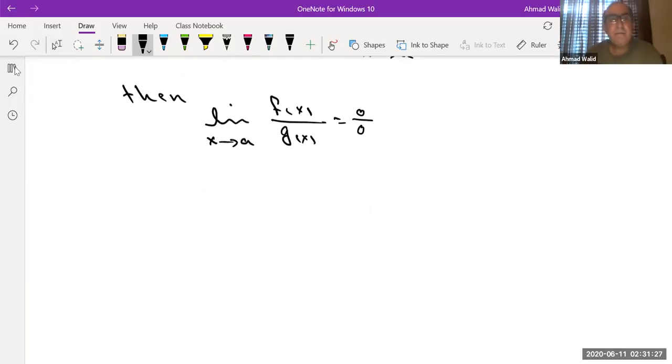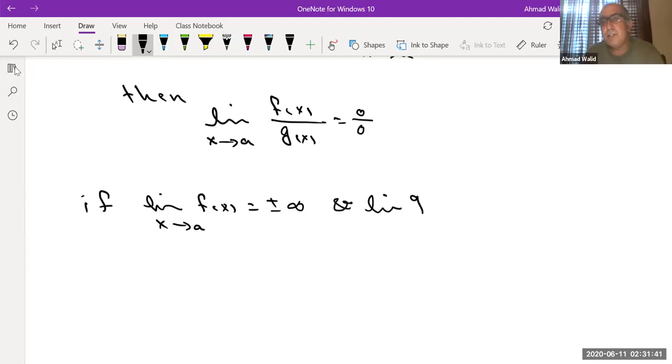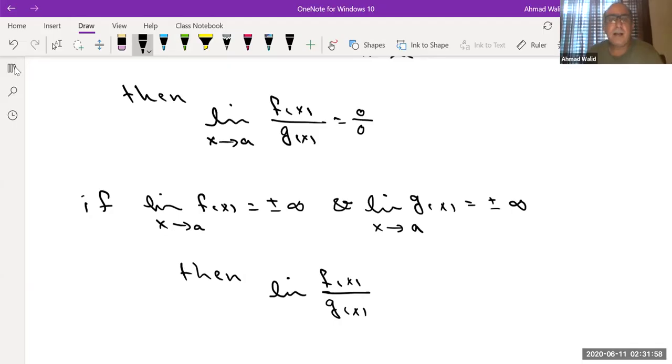Or if the limit of f of x as x approaches a gives you positive or negative infinity, and the limit of g of x as x approaches a also gives you positive or negative infinity, then the limit of f of x over g of x as x approaches a gives you infinity over infinity, which is an indeterminate form of limit, correct?